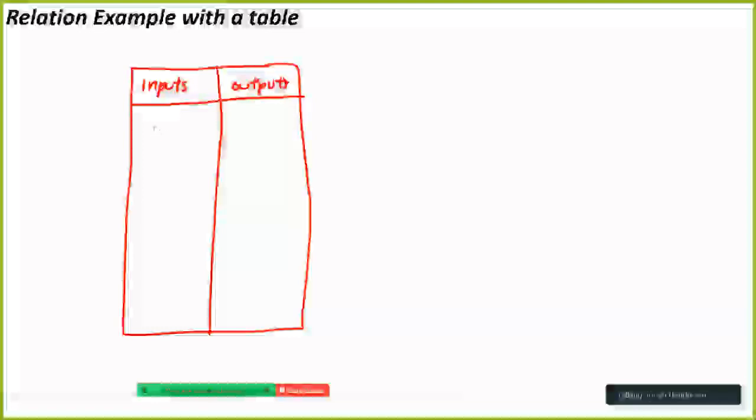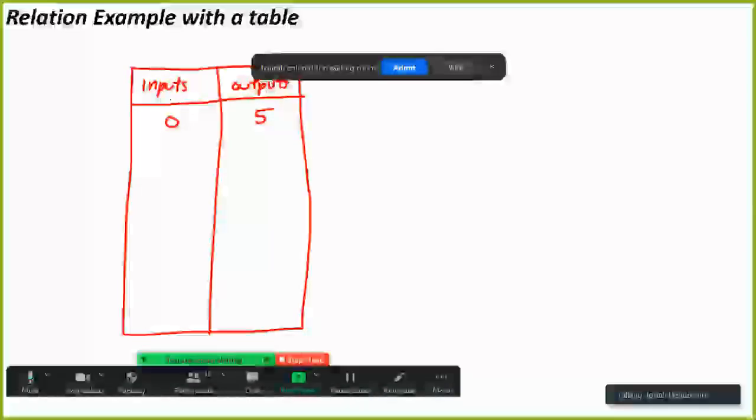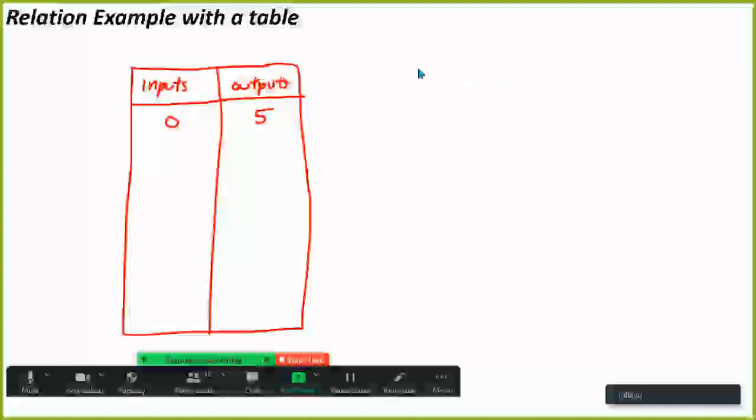And then numbers matched up that go together. This is the relationship between the two variables. So maybe we have 0 going to 5. So we don't know what the equation is, and we don't have a graph for this information, but we do know that 0 is the independent variable, and the output that matches up with it is 5.